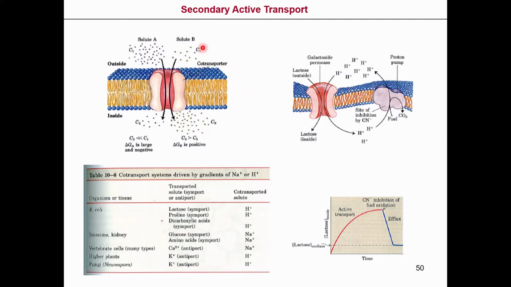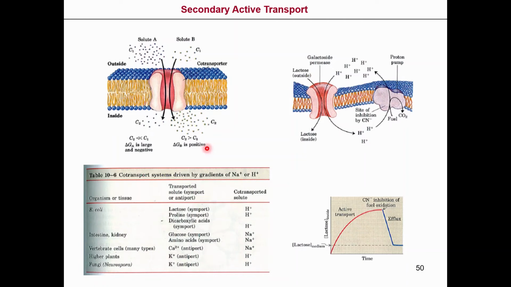For B, we want to transport B from a low concentration compartment to a high concentration compartment. So the delta G of this transport is not spontaneous because the delta G will be positive.